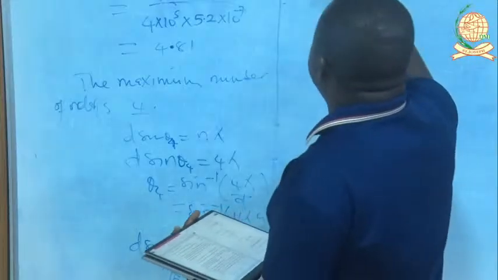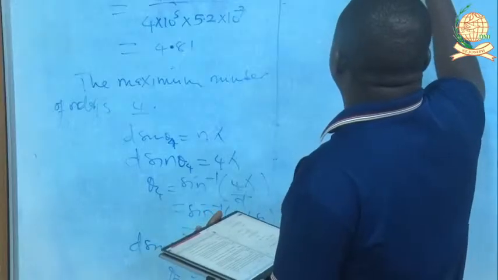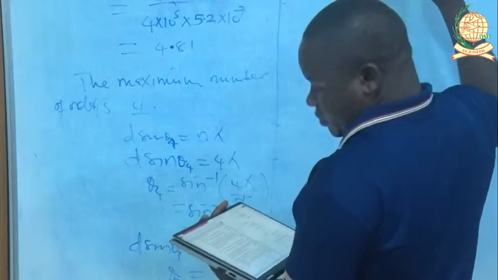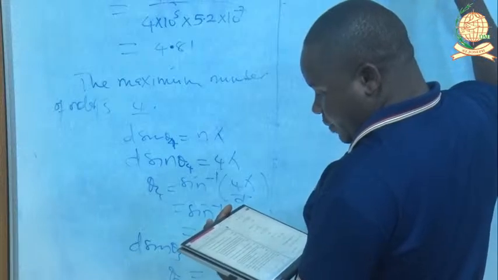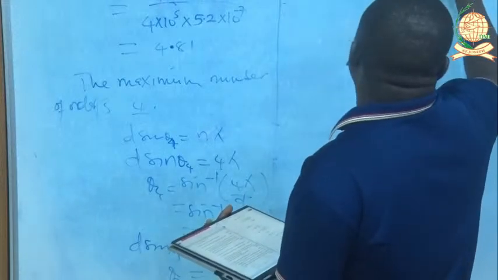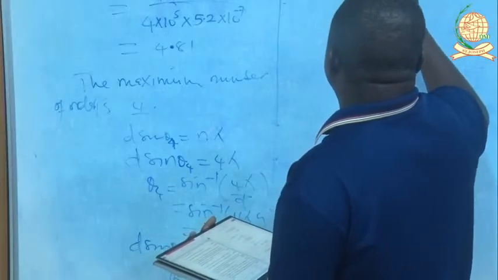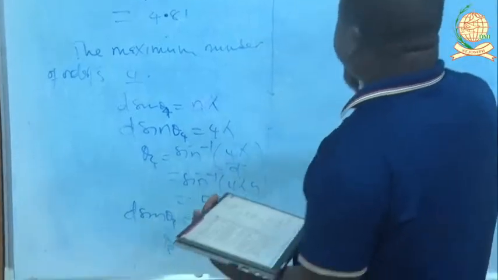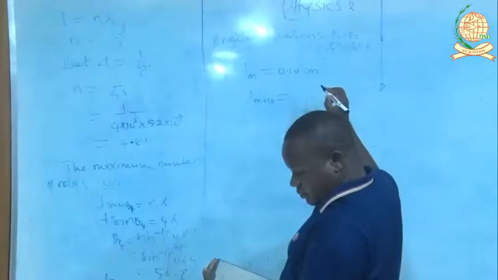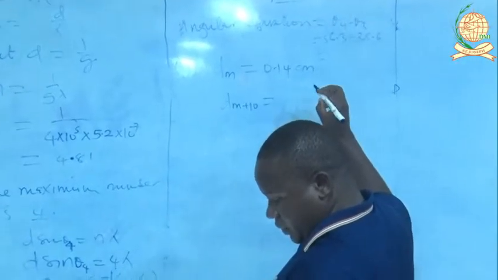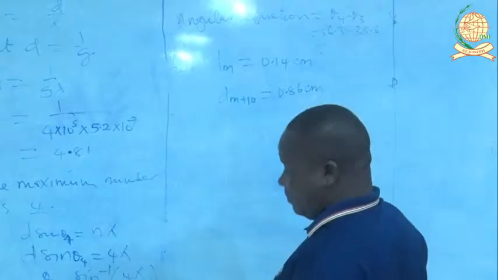So we have the diameter of the Mth equals 0.14 centimeters, and we have d of M plus 10 equals 0.86 centimeter.